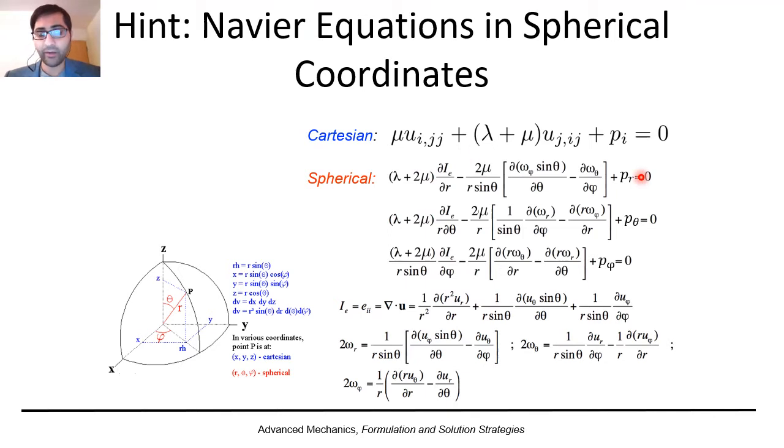We don't care about how we derived this set of equations from Cartesian equations here, but as a hint, it's simply using the transformation from Cartesian to spherical coordinates, implemented on the Cartesian form of our Navier equation.